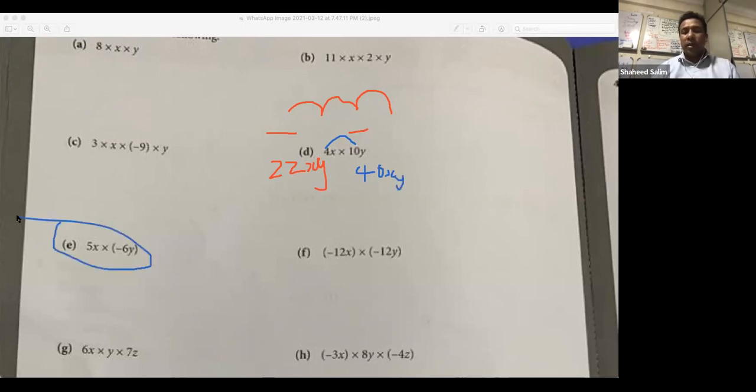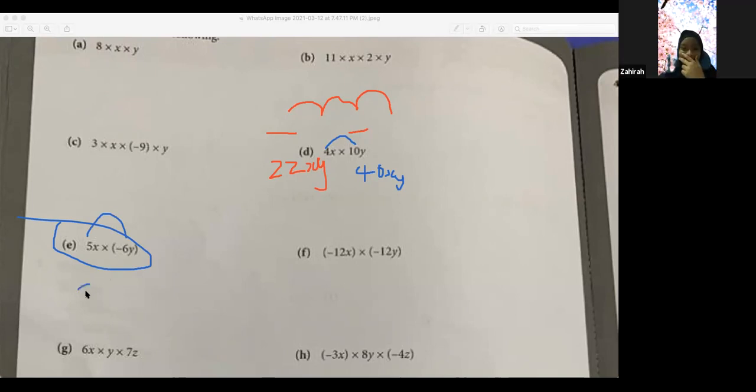Zahira, how to do this one, Zahira? Zahira, just tell me lah. 5 times 6. 5 times 6. 30.